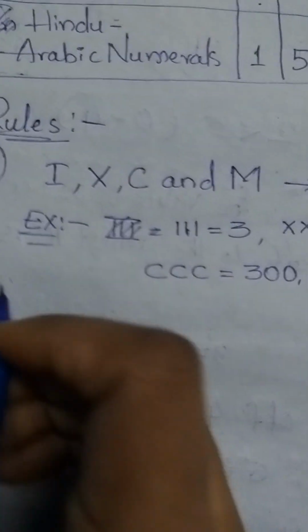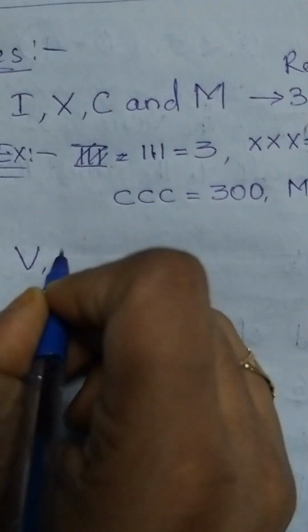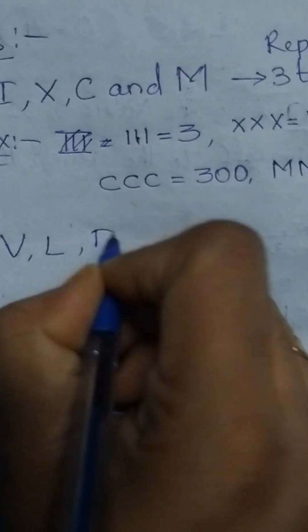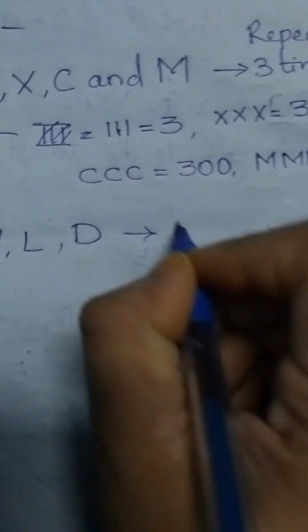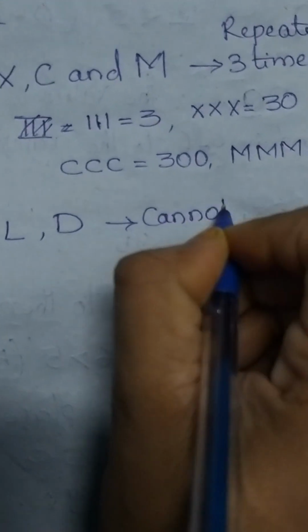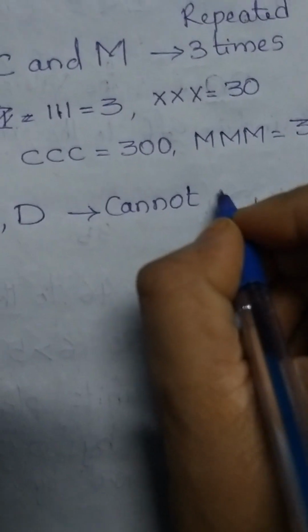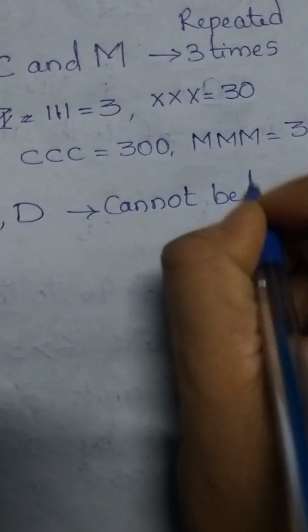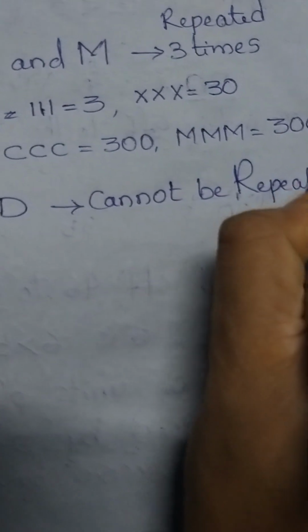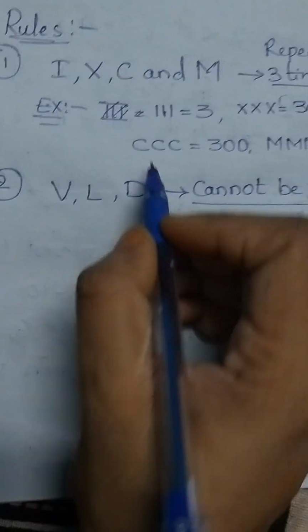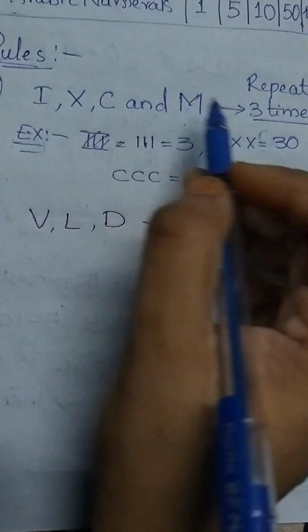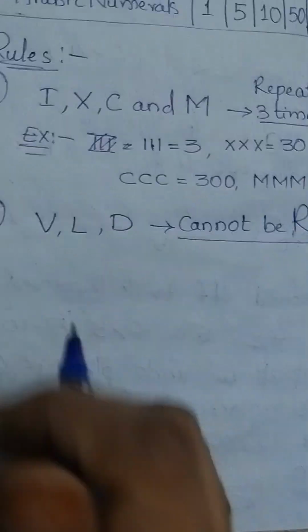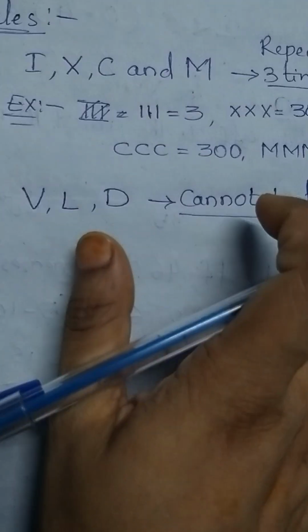Okay, the next rule is: symbols V, L and D cannot be repeated. V, L and D cannot be repeated, children, especially I, X, C, M are repeated up to 3 times.